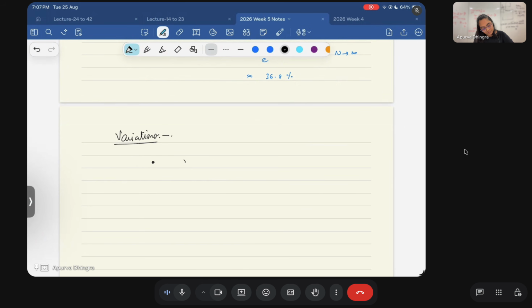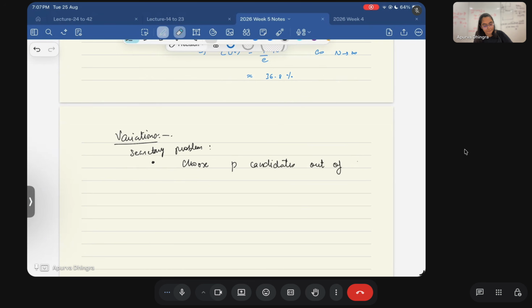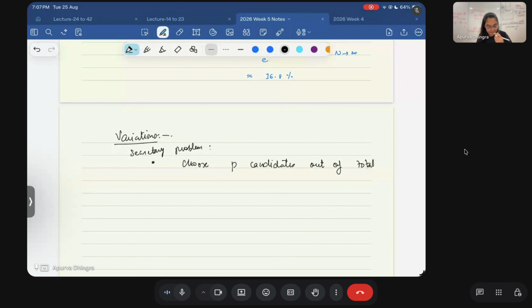Suppose you want to choose, in the secretary problem I'm talking about, P candidates out of total n. Then how do you go about doing it?